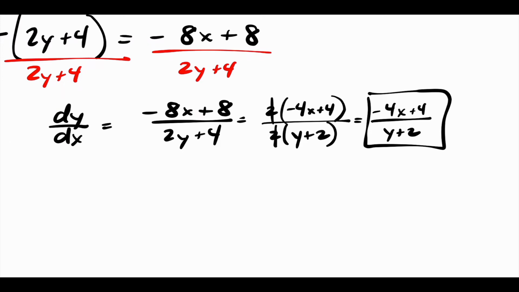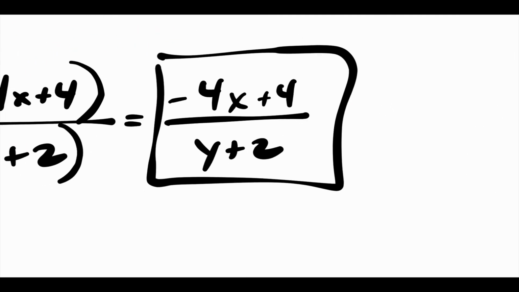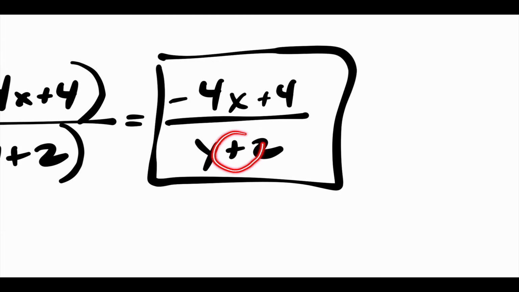So let's go back to our derivative. How do I find points at which the slope is undefined? That's when slope is undefined, when this guy is 0.